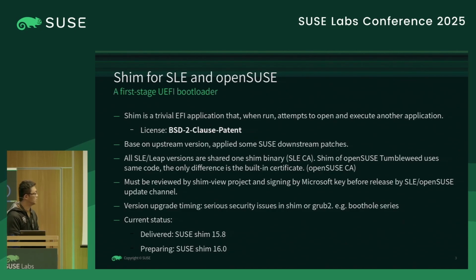Normally when grub2 or Shim has a problem like the BootHole security problem, then we put many patches for fixing those, and then we will consider releasing a new Shim. Current status is we now deliver Shim 15.8, and are preparing 16.0.